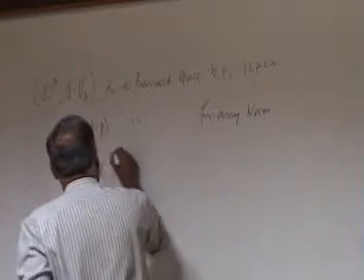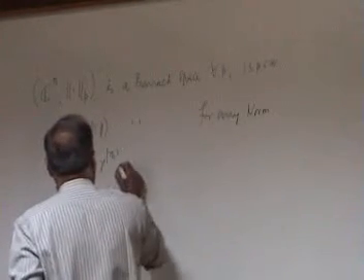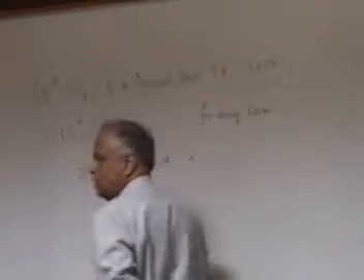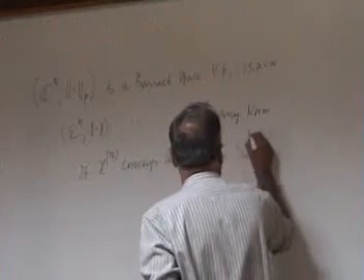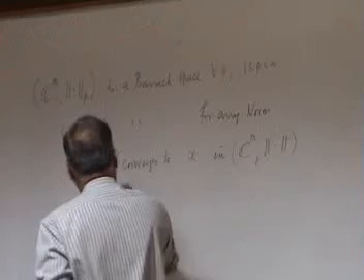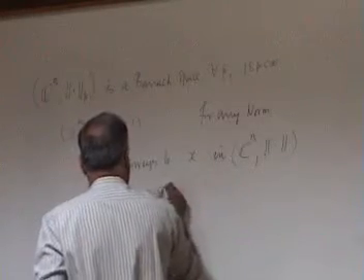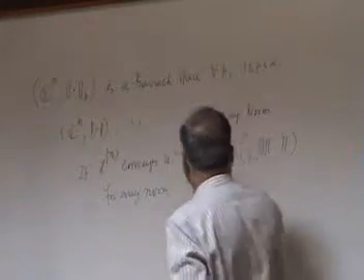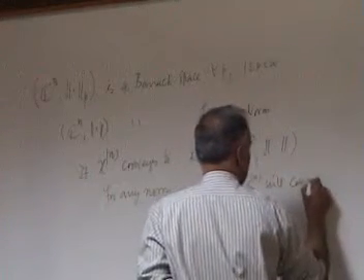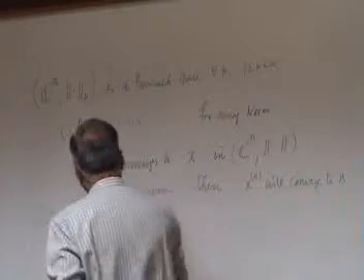Not only that, even more. That is, if Xn converges to X in Cn for any norm, then Xn will converge to X in any other norm.